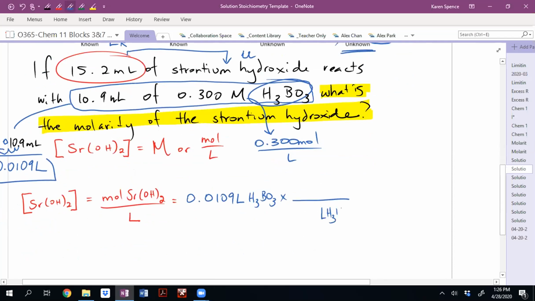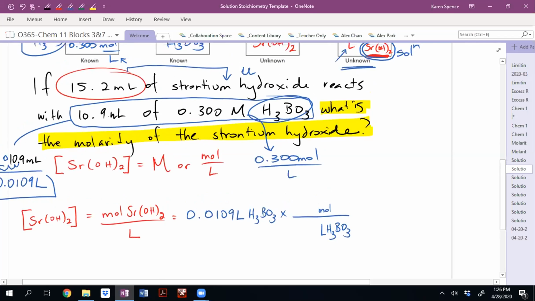Why do we use the 0.0109 instead of the 15.2? Okay, so let's look at what's all attached to each other here. We have 10.9 milliliters of the 0.300 molar H3BO3.